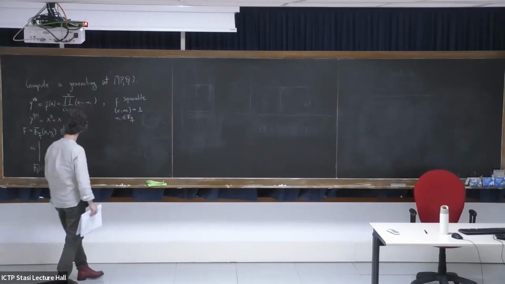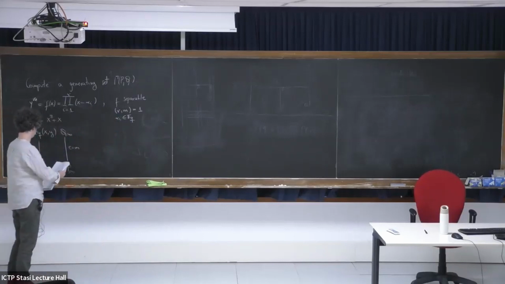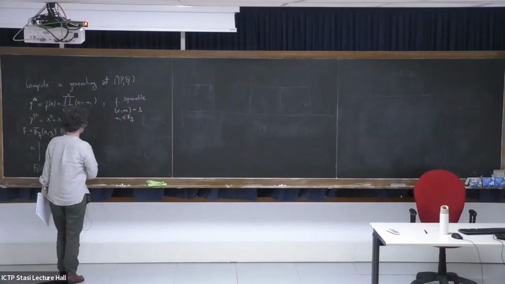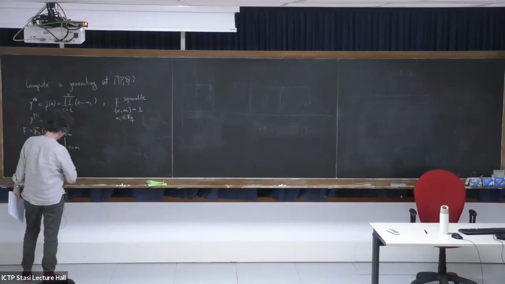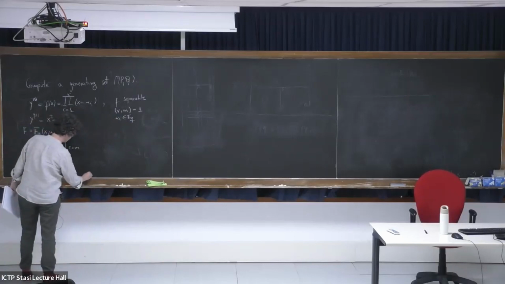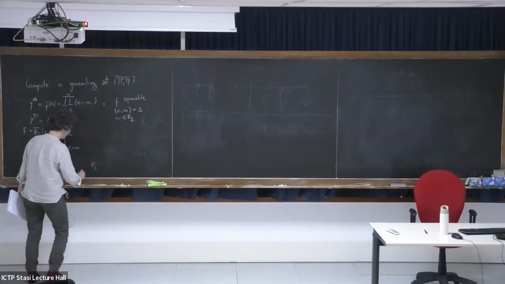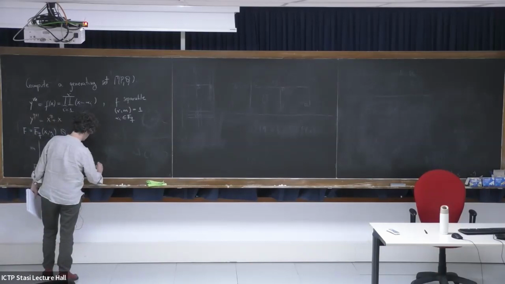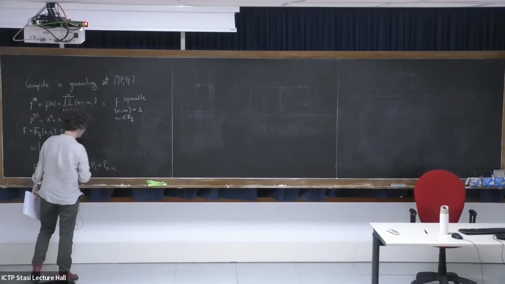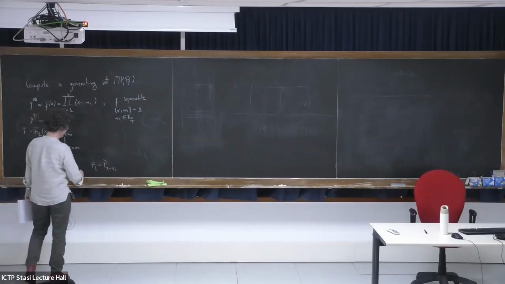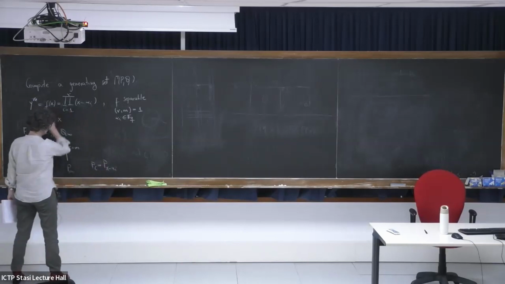For each alpha_i we associate a place P_i, the place associated to the irreducible polynomial x minus alpha_i.